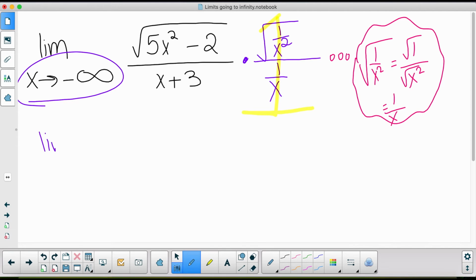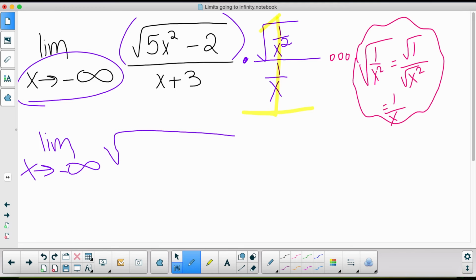We have the limit as x goes to negative infinity. We can multiply within the square root. So we've got the square root of 5x squared times 1 over x squared. Our x squareds will drop.